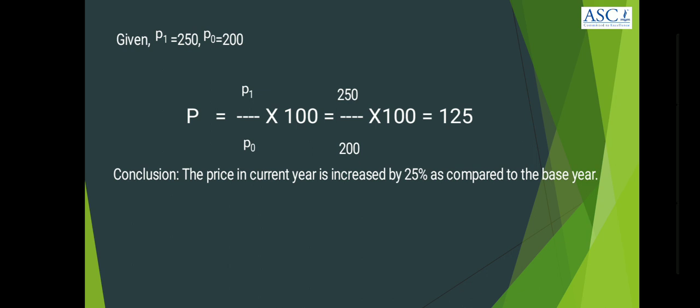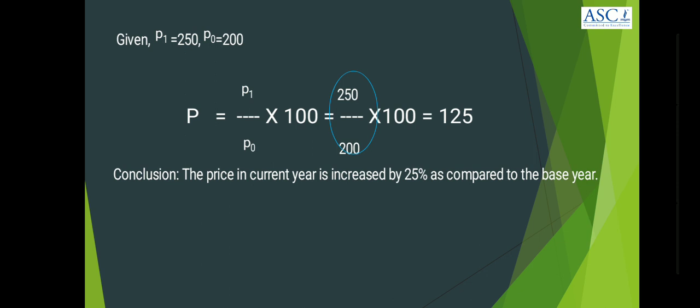In the formula, if that 100, which is a constant, is neglected, we are left with only the ratio 250 by 200, indicated by the blue circle. That shows index numbers are expressed as ratios.